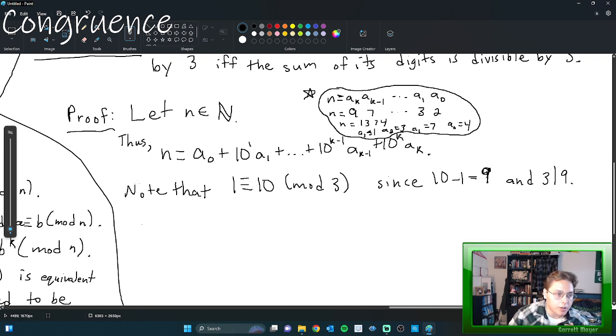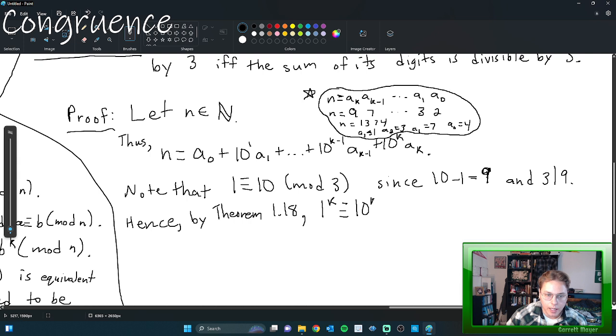So by the theorem that we just proved, theorem 1.18, 1 to the k is congruent to 10 to the k mod 3.